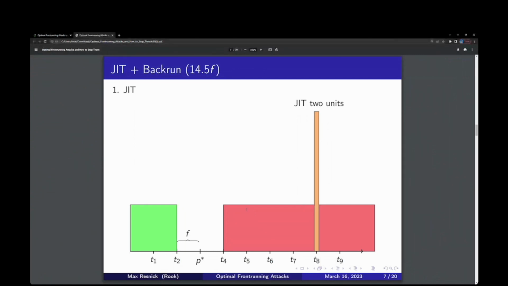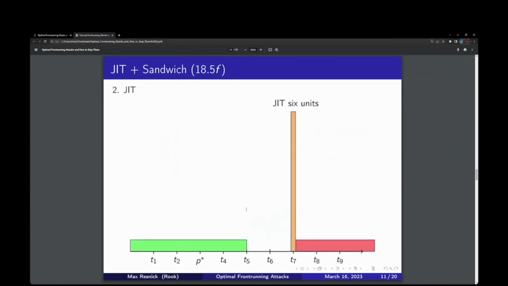Like you see here, it doesn't take that much liquidity to be way deep on a certain tick.